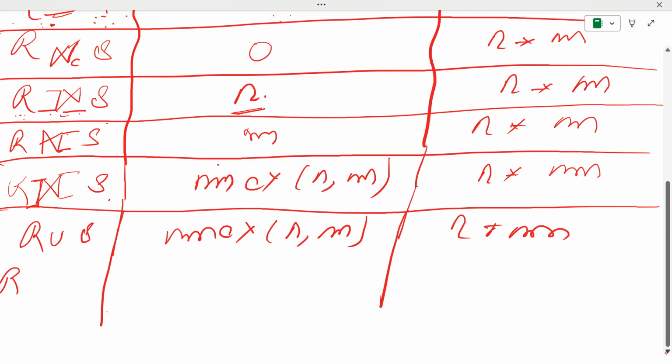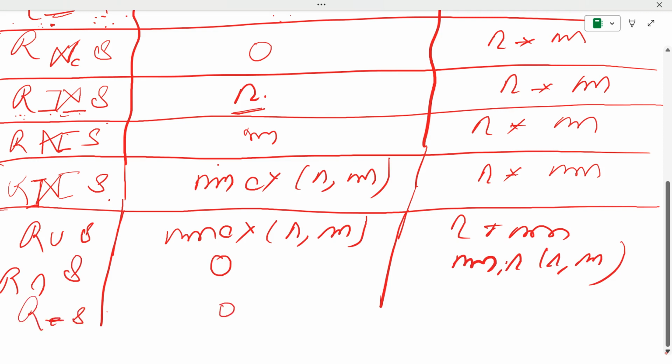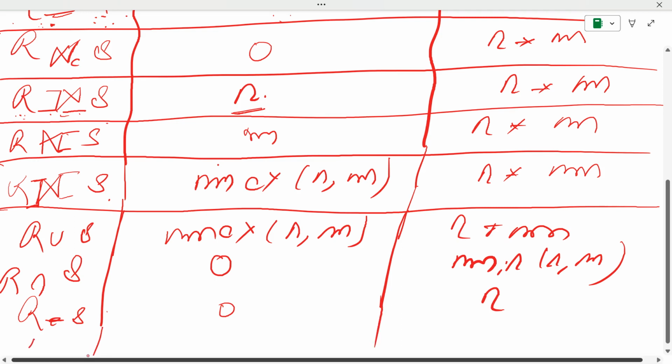For the intersection of R and S, the minimum is 0 and the maximum is the minimum of n and m. For R minus S, the minimum is 0 and the maximum is n. For the division of R and S, the minimum is 0 and the maximum is n into m.